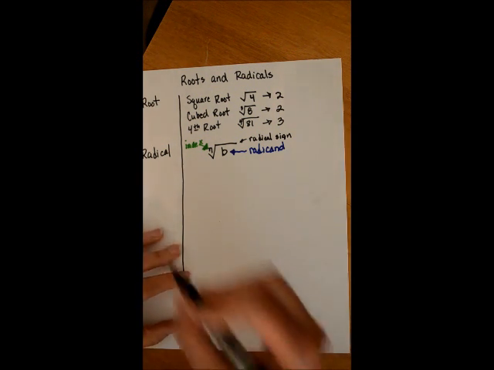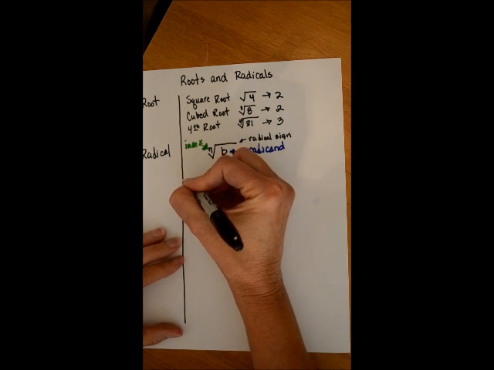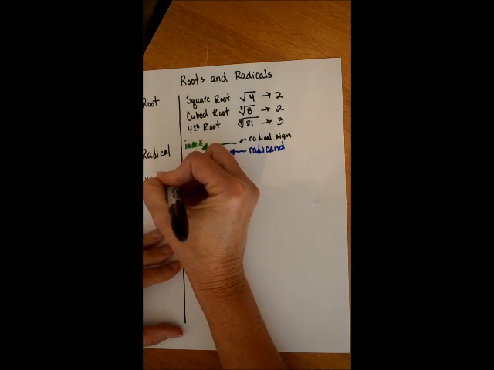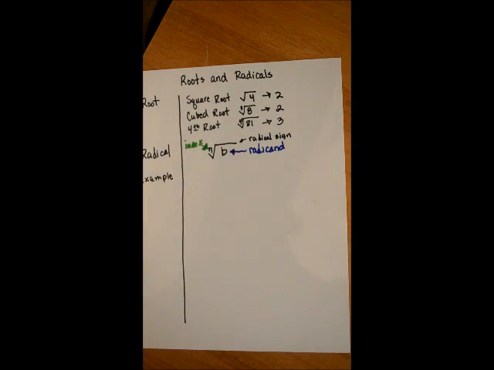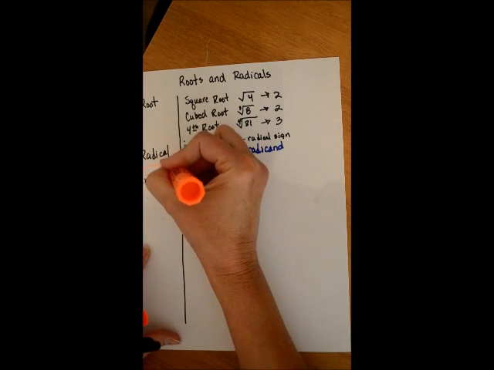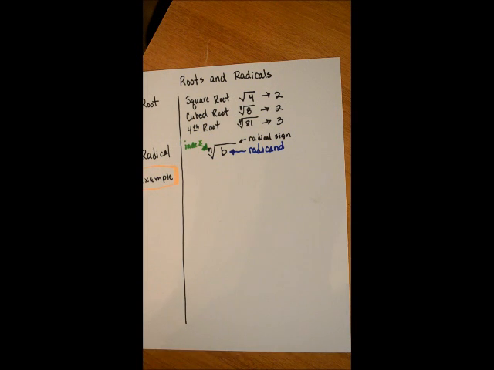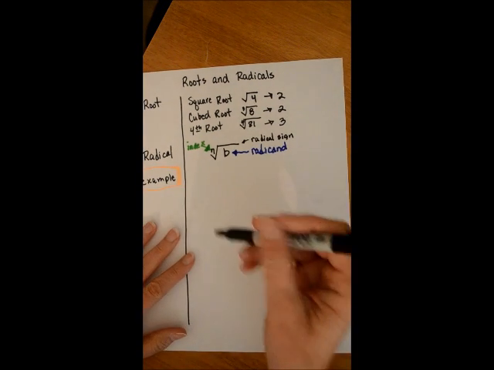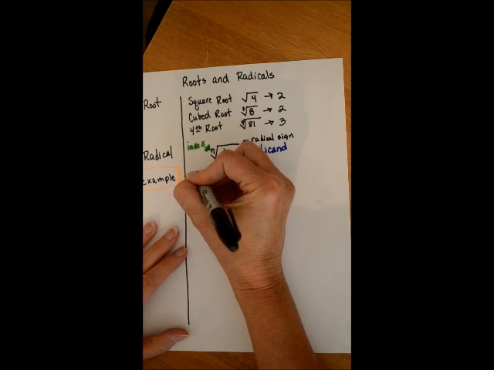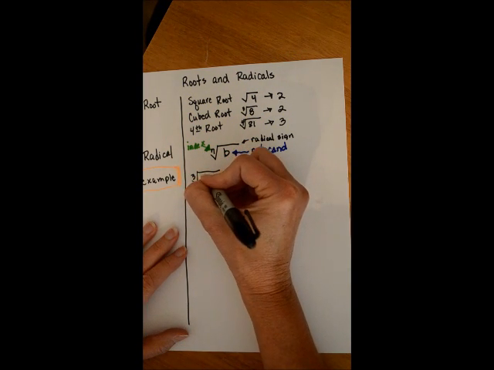Okay, what if I have something like this? Here's an example for you. And I'm going to go ahead and put that in orange. And in my example, I have the cube root of 125.